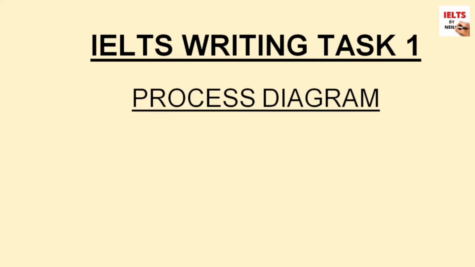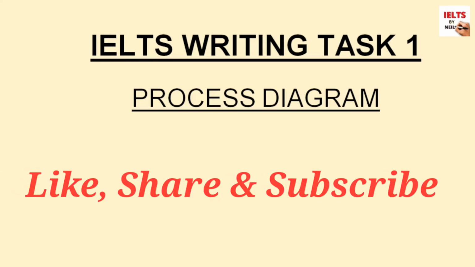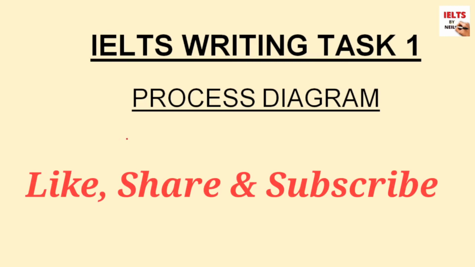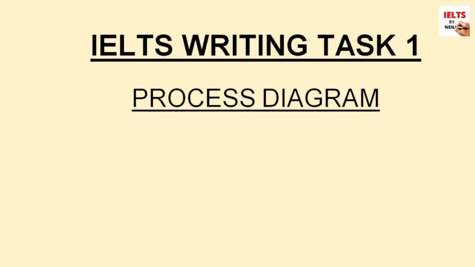Today we are going to discuss one of the question types of academic writing task 1, that is the process diagram. In this type of question, you will be given a diagram with many steps. Could be 4 steps, or 5 steps, or 6 steps.